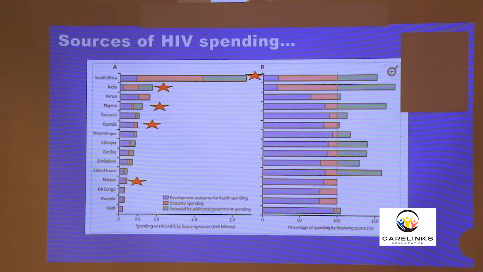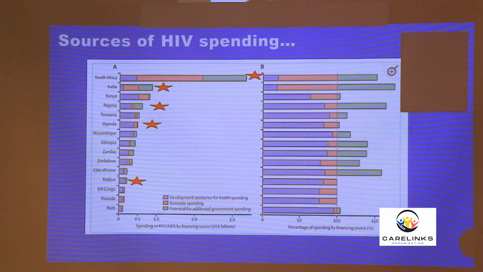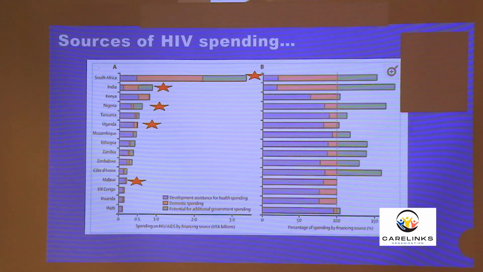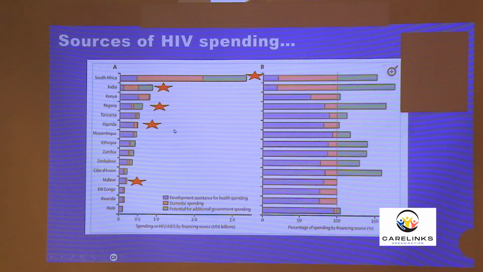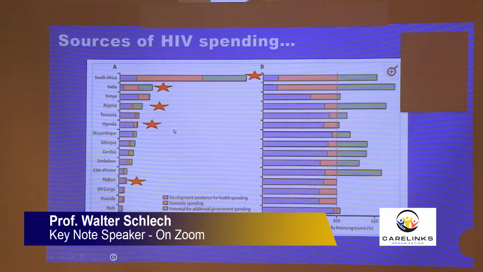The orange bar is domestic spending. In other words, money that comes from that country. And then the potential for additional government spending, meaning can those countries expand the domestic spending, is shown in the green. And as you can see, there are some dramatic differences.